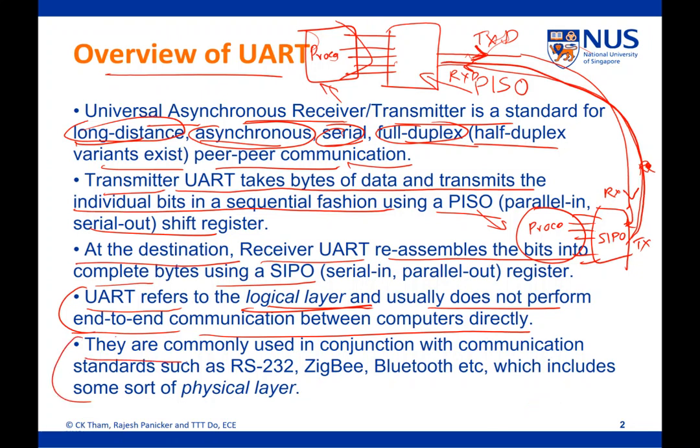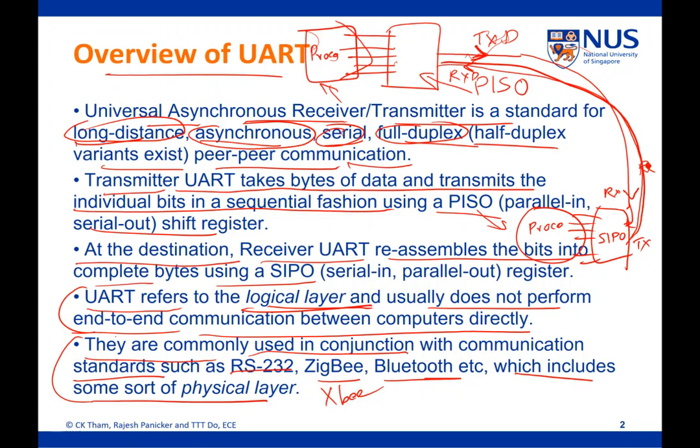So the communication is usually done in conjunction with some standards such as RS-232, ZigBee, Bluetooth, etc., which include some sort of physical layer. So logically, the two devices might be communicating using UART, but the real physical communication could happen through some other means, some physical layer. The physical layer protocols could be RS-232 or ZigBee, and you are using a version of ZigBee called XB.